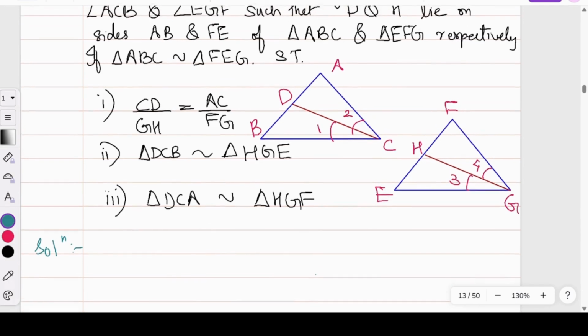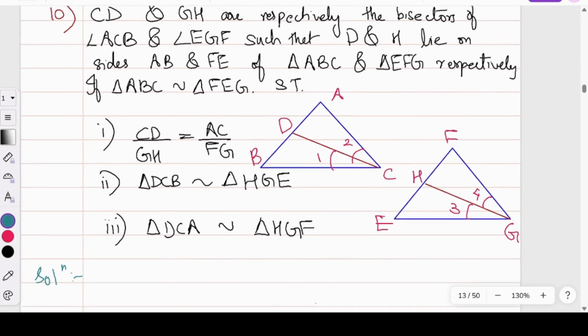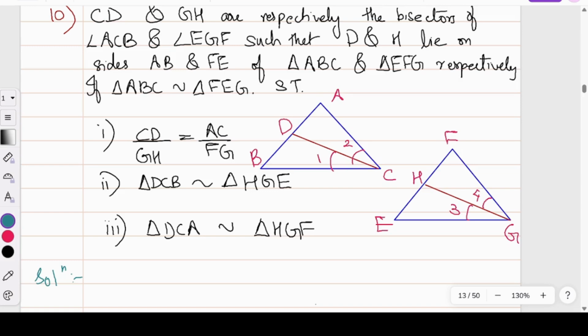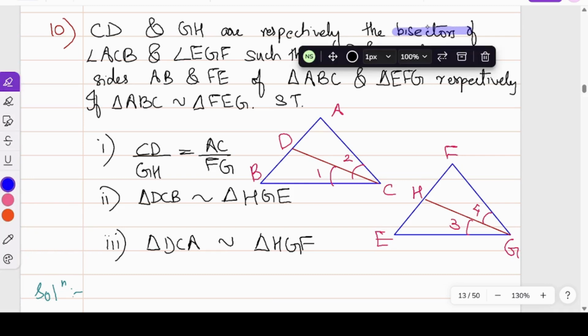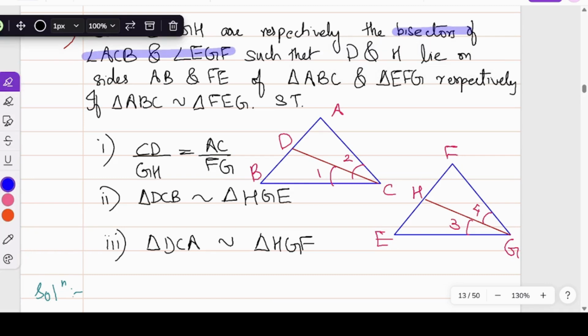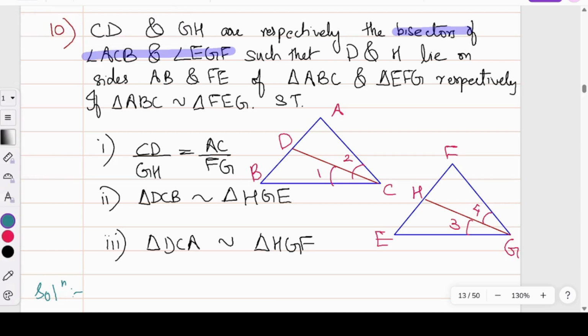One more thing, it is given, right? D and H lie on the sides AB and FE in such a way that CD and GH are respectively the bisectors of angle ACB and angle EGF. Bisector means what? To divide it into two equal parts. They are mentioning the angle.